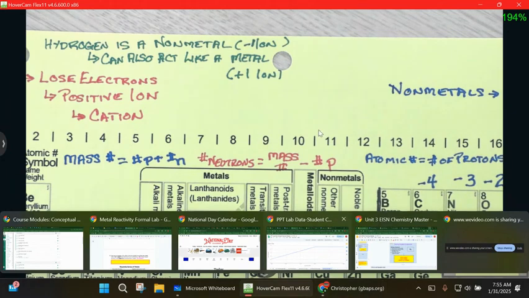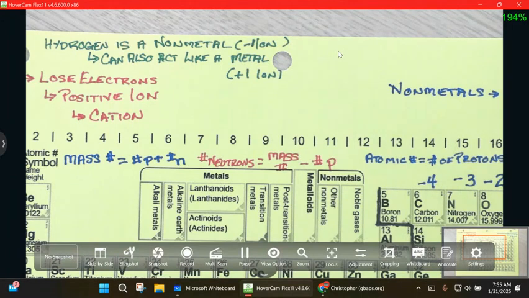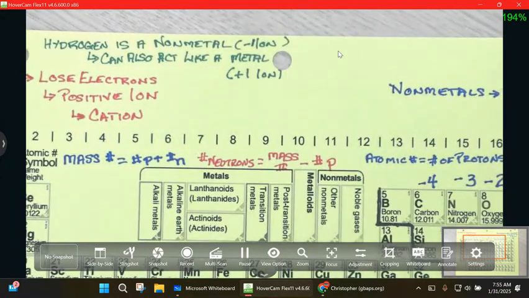If it can lose it and gain at the same time, wouldn't it? Not at the same time. It can either lose one or it can gain one. How many does hydrogen have? It only has one. Yeah, one. It has one electron.